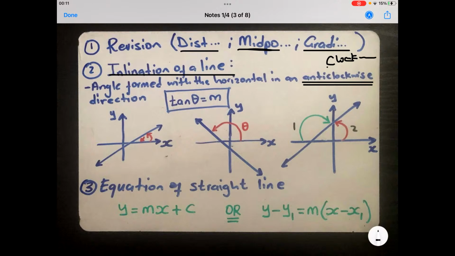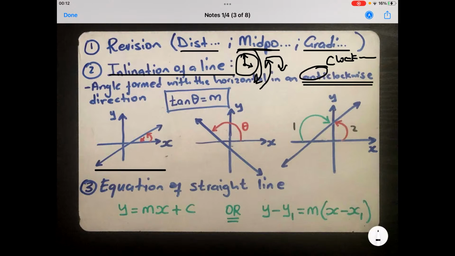The direction of a clock or a watch is in that direction, clockwise. Just remember that. So anything in the opposite direction is what we call anti-clockwise direction.